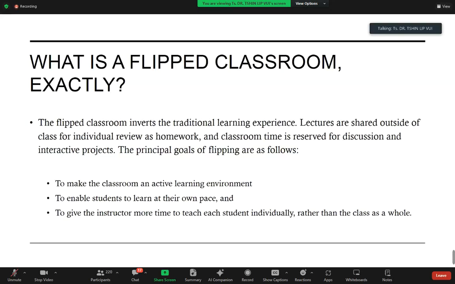To enable the student to learn at their own pace and to give the instructor more time to teach each student individually rather than the class as a whole.